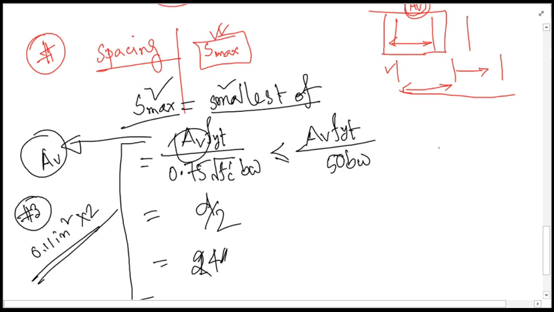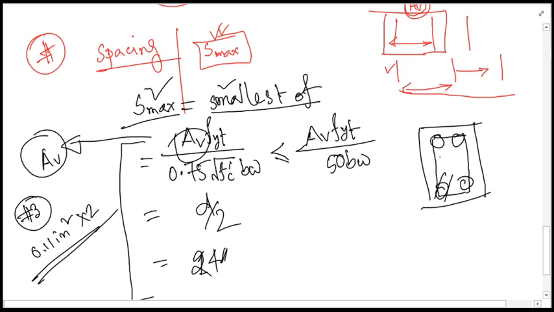Just because we are providing shear reinforcement in a particular section, so while resisting this shear force, it will be giving two areas, this one and this one, so double area will be provided.